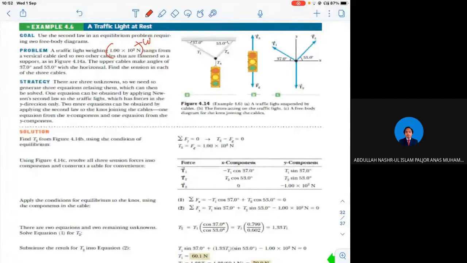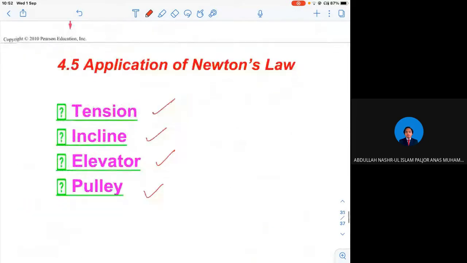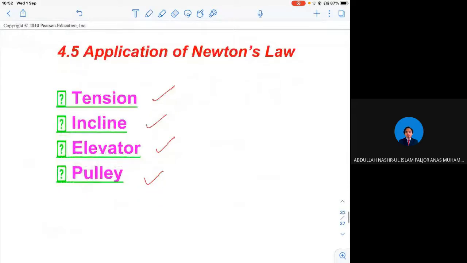Find the tension in each of the three cables. Now you have three cables. For example, this situation. I will use this part because it's quite clear over here.